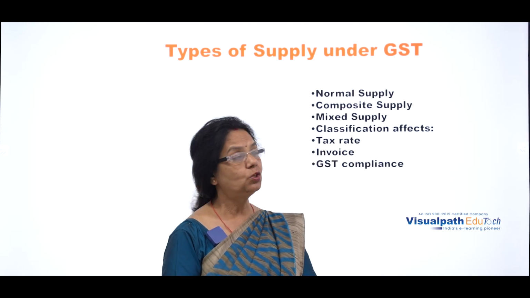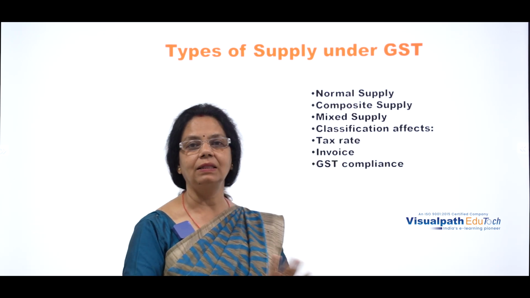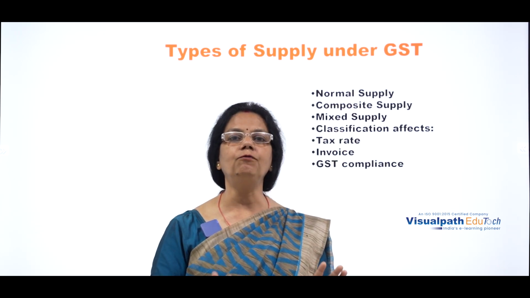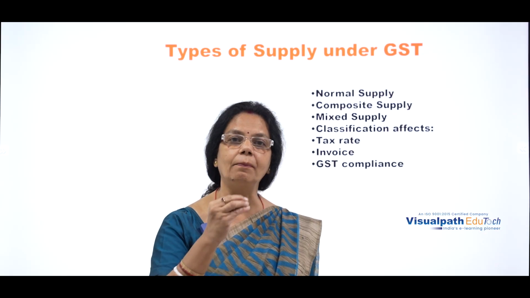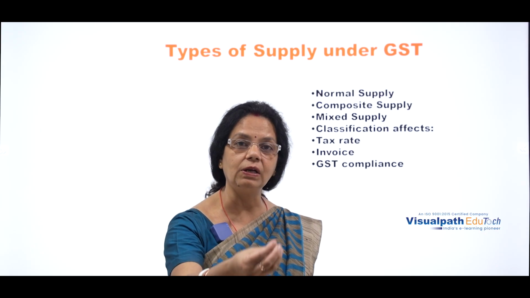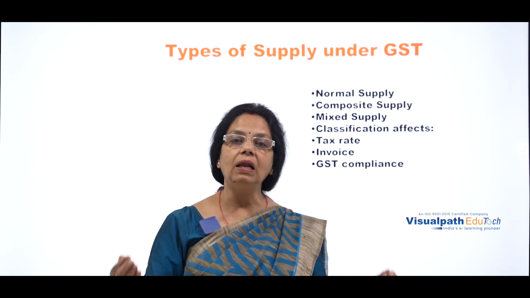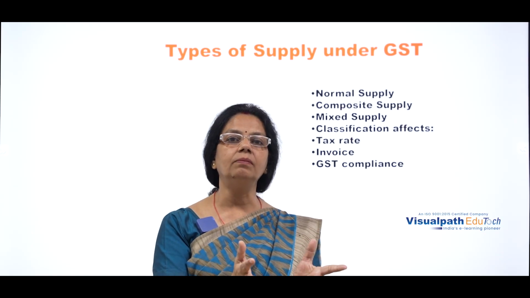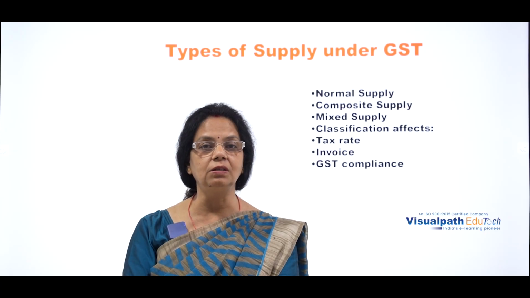exchange. So normal supply is nothing but anything you send to somebody else as a trader, and some trader will purchase from you in bulk or only one item or one composition.